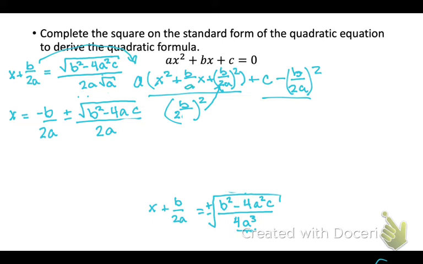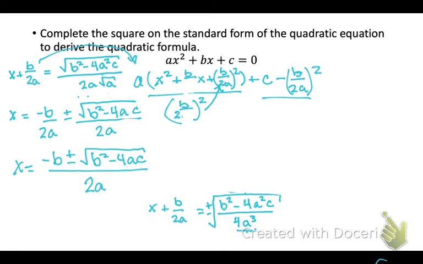So, do I have common denominators? I have 2a and a 2a, right? So I have x equals negative b plus or minus the square root of b squared minus 4ac, all over 2a.